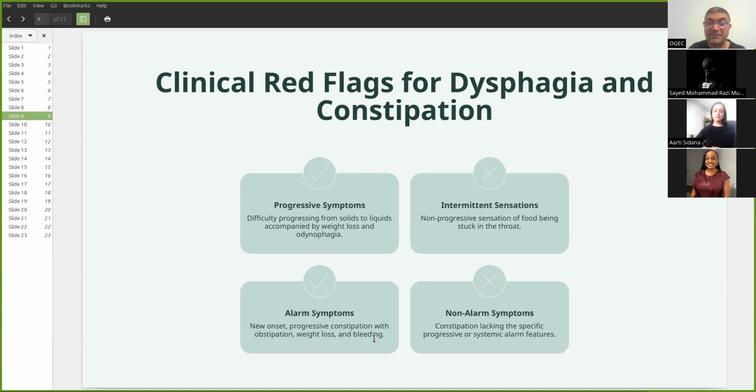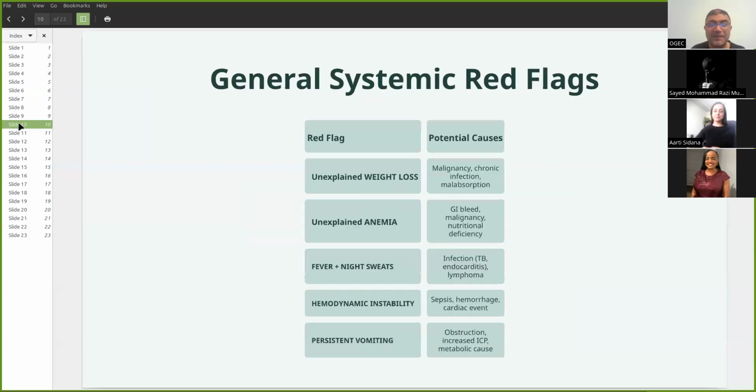They are the alarm symptoms for gastrointestinal conditions. But when the patient has constipation without specific progressive or systemic alarm features, then it can be a benign condition rather than a malignant condition.